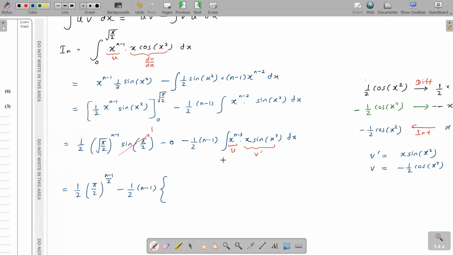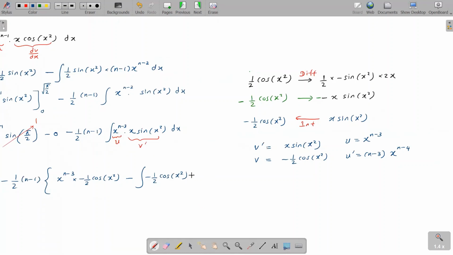Open a large bracket. Shall we input uv minus integration v u dash? U dash is the differentiation of x to the power n minus 3. And close the large bracket.